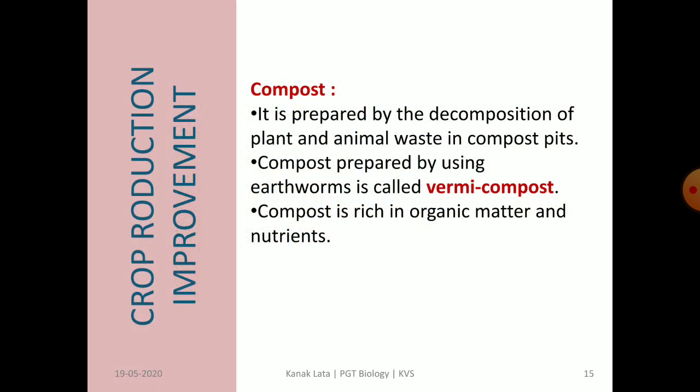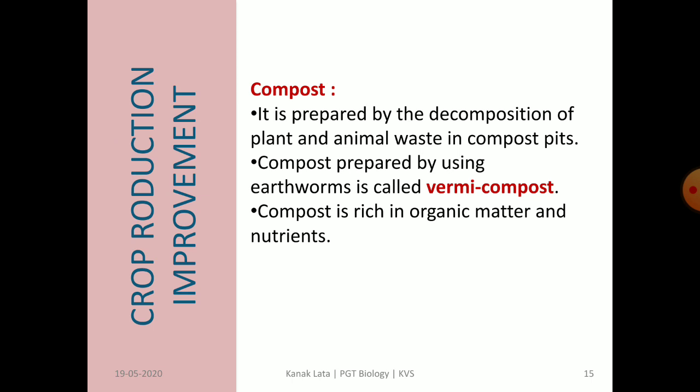Next is about compost. It is formed by decomposition of plant and animal waste in a compost pit that is rich in organic matter and nutrients. Whenever compost is prepared by using earthworms, particularly red earthworms, then it is called vermicompost.